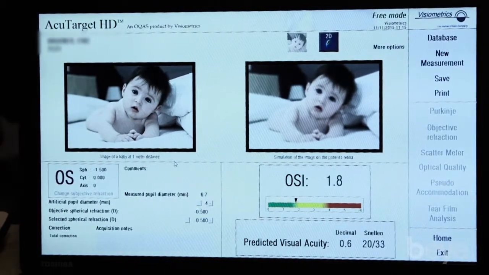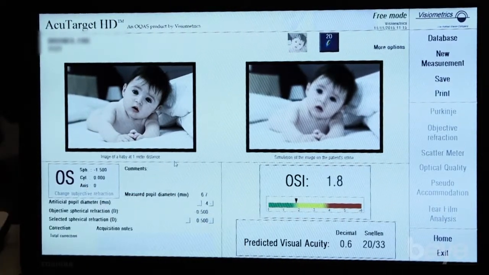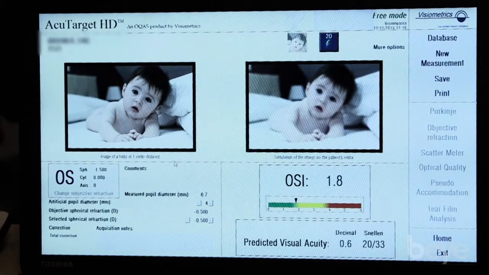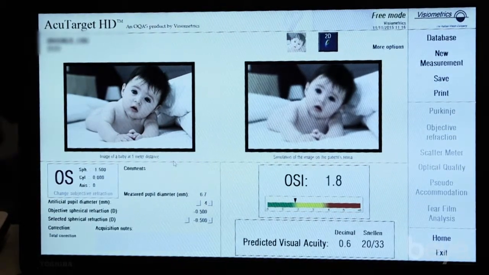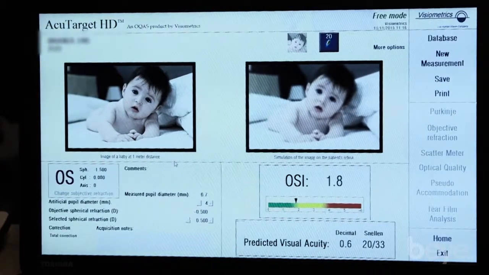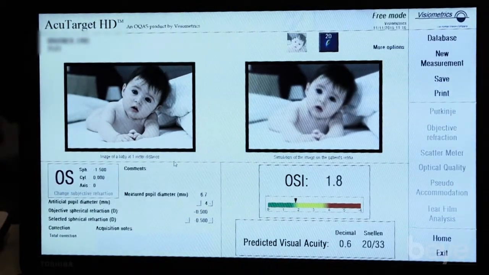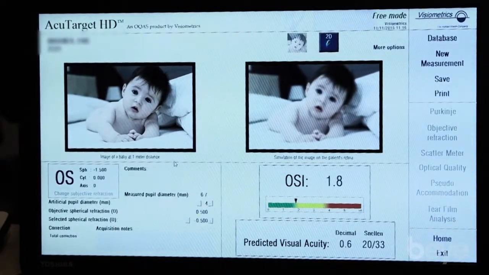The nice other feature that you see down below is the predicted visual acuity. Now this one is different than the visual acuity that you would measure in an exam lane, in that the predicted visual acuity is based solely on the optics of the eye that the instrument measured. So it's telling you how high quality of an optical system that patient has in their eye, and it will give you their predicted acuity based on just the optics of the eye.